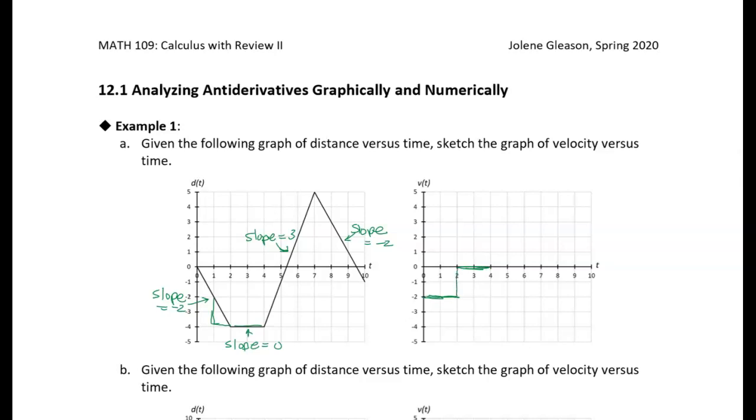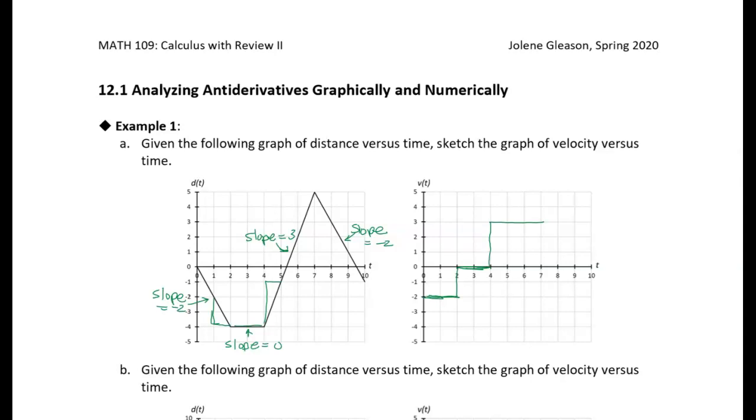Okay, so it's kind of a step function there. And now between 4 and 7, we have to go up 3 and over 1. So we have a slope of 3. And so we're going to jump up here to a constant 3 between 4 and 7. Even though it's not a continuous function, I'll just connect them.